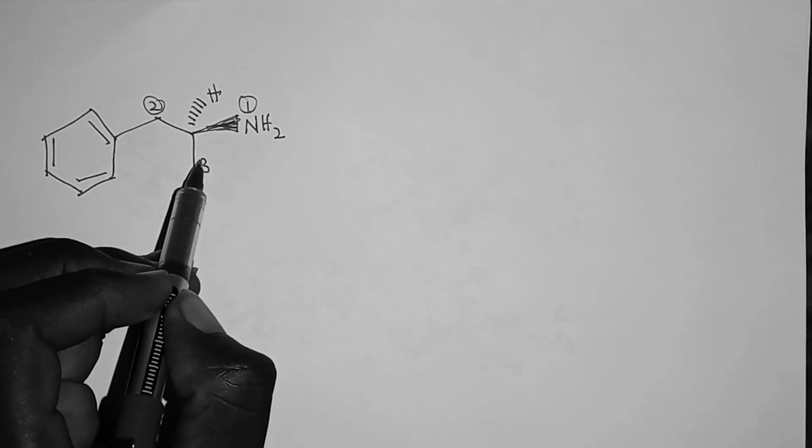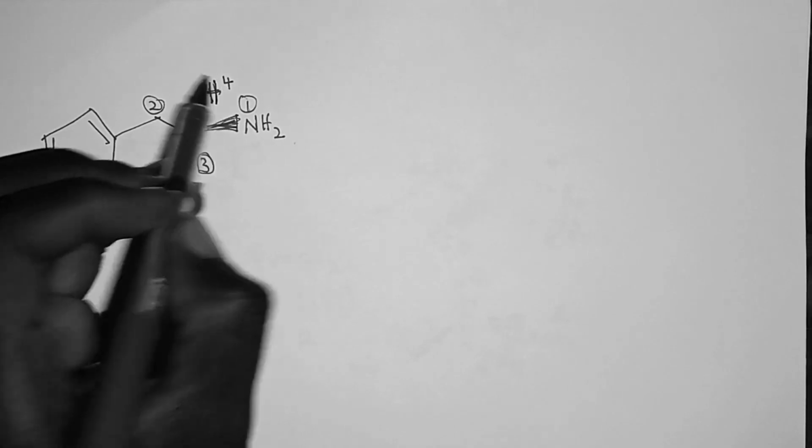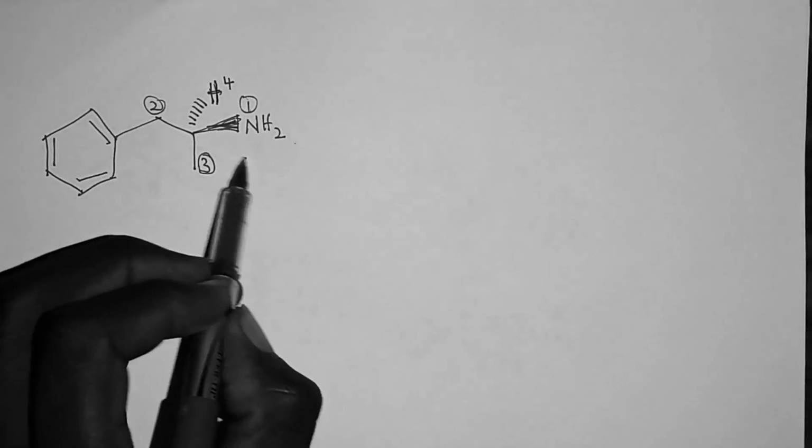This carbon is bonded to an arene group, so it becomes number 2. And then here becomes number 3. This is a proton. And the proton becomes number 4. Since the proton is already pointing away from us, if we cover that part, we are going to get 1, 2, 3. So this is an S, anti-clockwise direction.